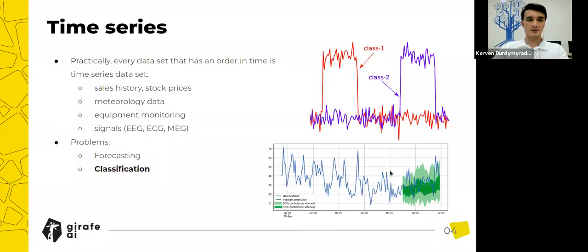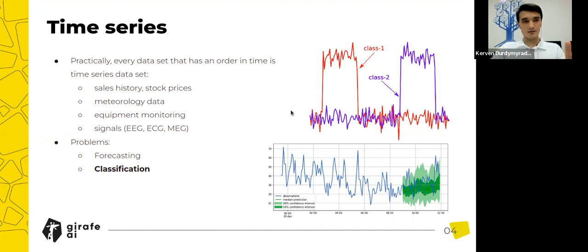Okay, what's a time series? First of all, a time series is also a data set, but it is ordered in time. For example, sales history, or monitoring of equipment. These are examples of time series. The main point is that it is a data set ordered in time.